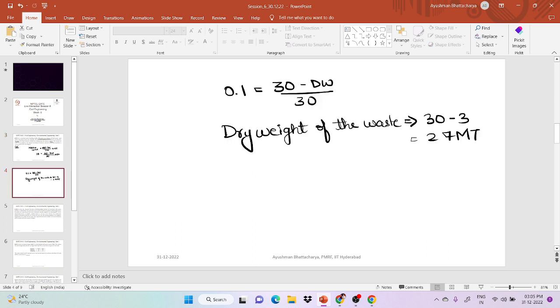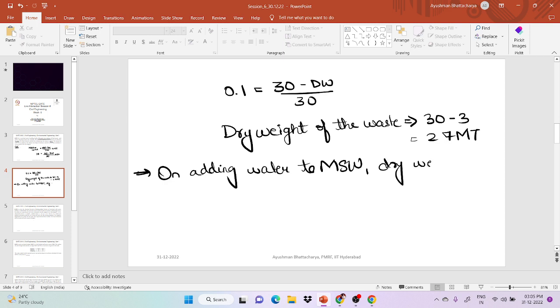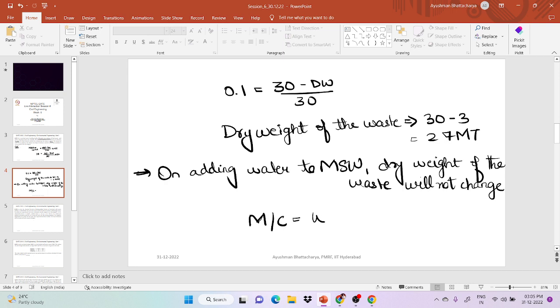On adding water to the municipal solid waste, obviously the dry weight of the waste will not change.